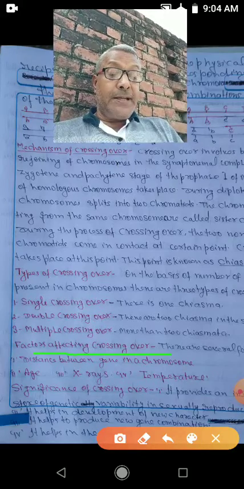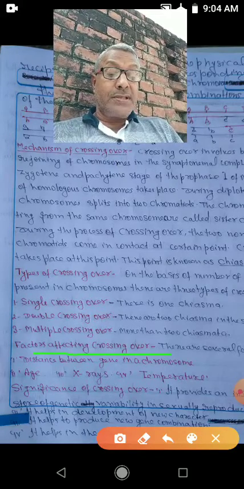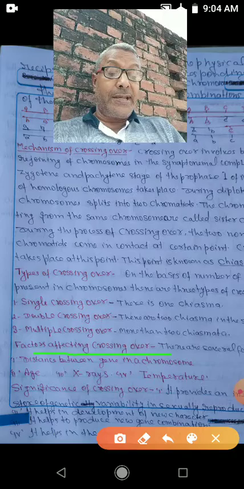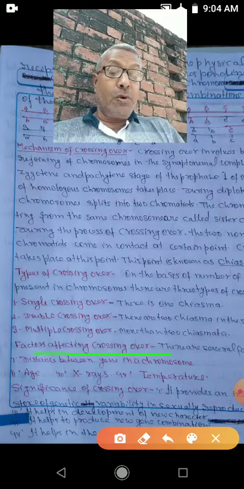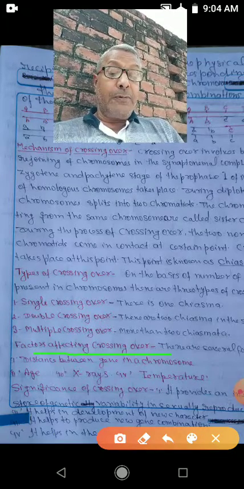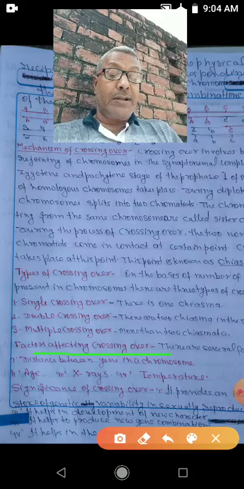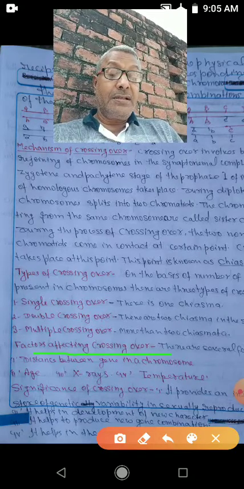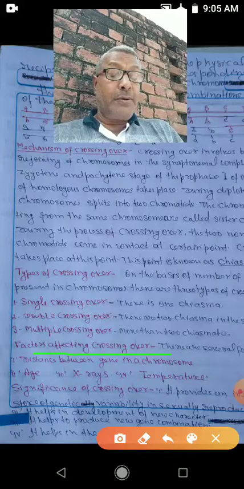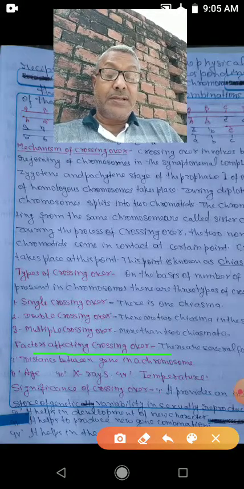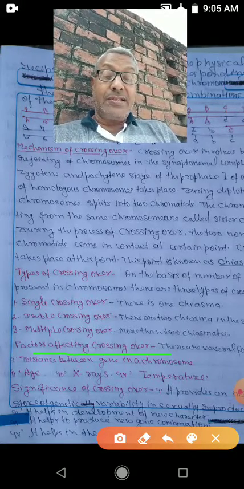So first you try to understand how distance is affecting. If the distance between the genes increases, then there is more crossing over. Therefore, the frequency of crossing over is directly proportional to the distance between the genes in the chromosome. Second is age.